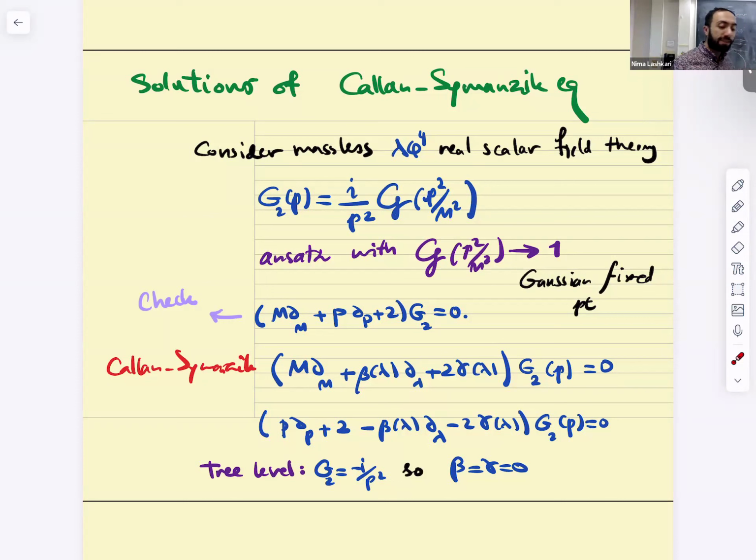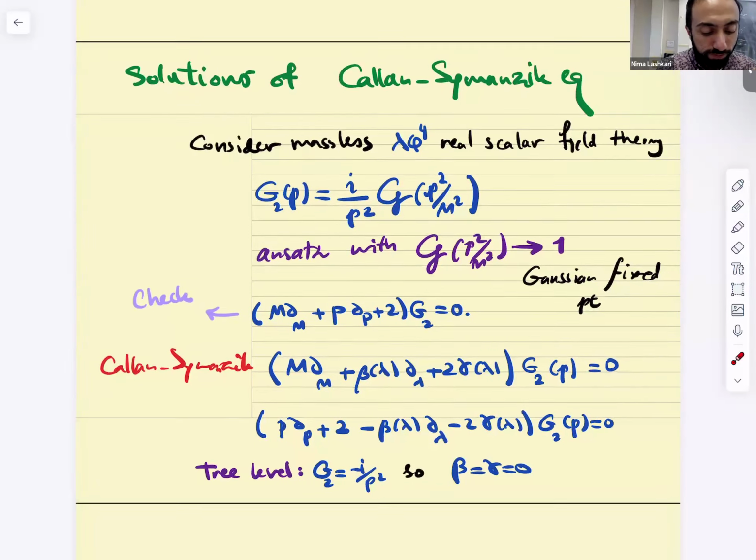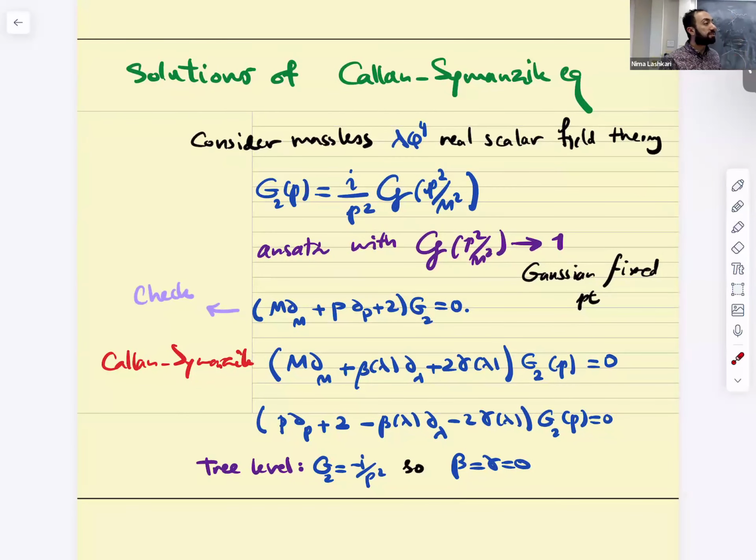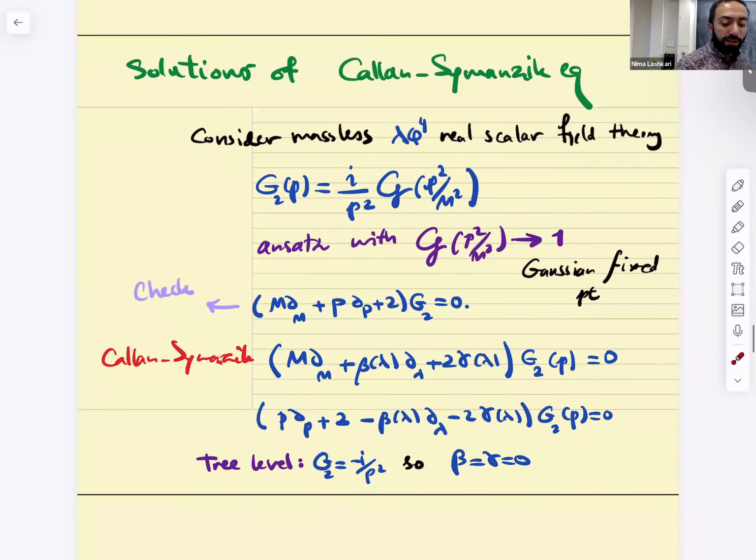We're going to study Callan-Symanzik for the case of massless lambda phi 4 real scalar field theory for the 2-point function. It doesn't get simpler than this. It's the cleanest form. We want to explicitly solve it. Based on the symmetries, you could easily argue, and we did argue, that the form of this is going to be i over p squared, because it's massless, times some function of p squared over m squared.